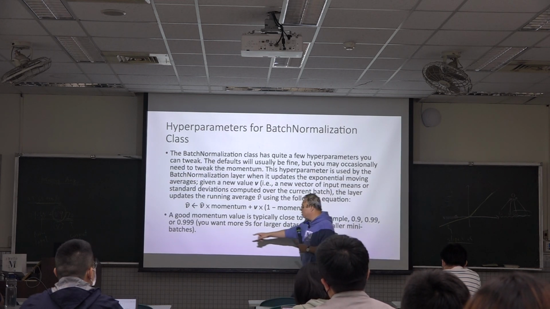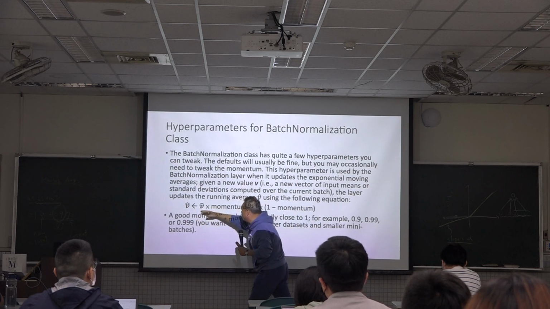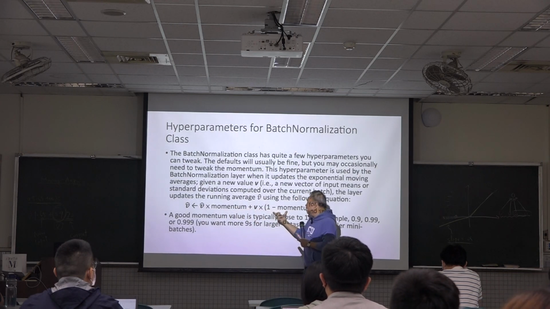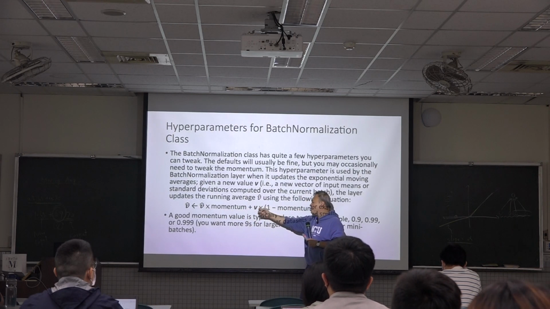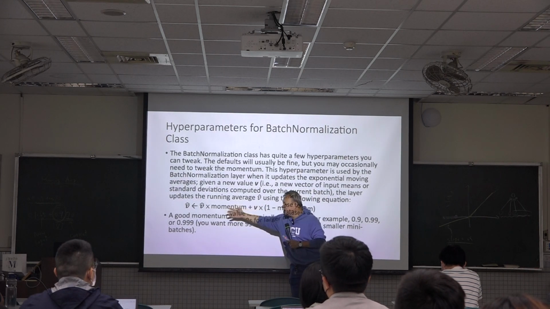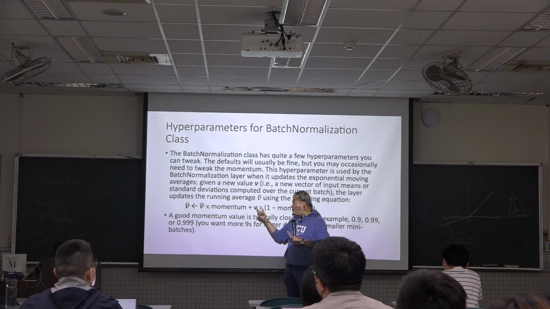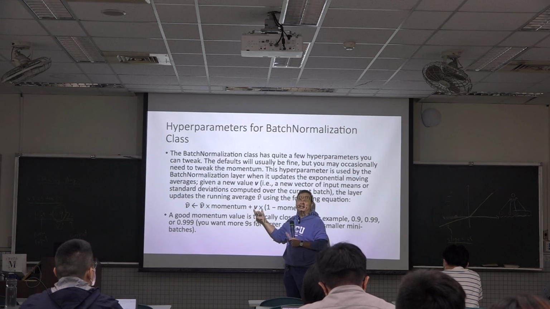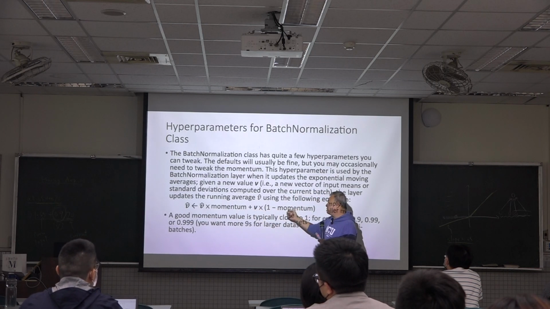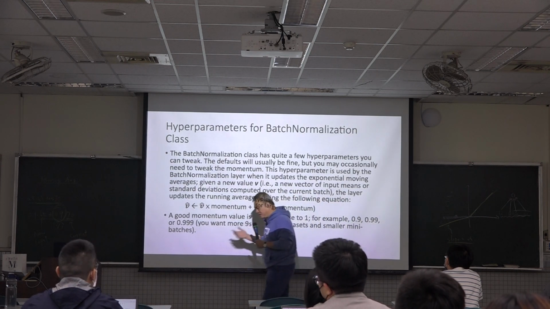If it's 0.999, then the new sample is relatively small compared to the whole population, so it's not that stable. So with 1 minus 0.99, this weight is much lower, right?